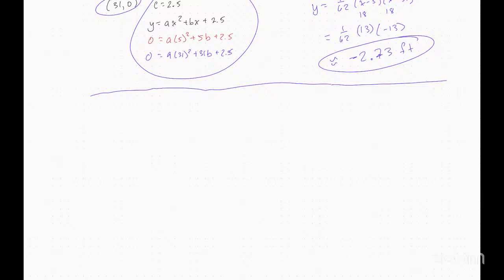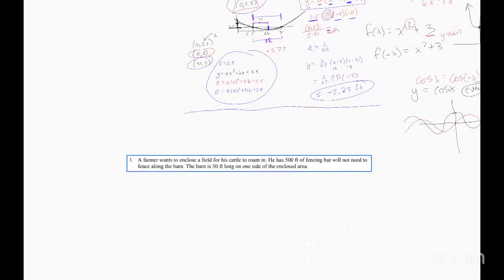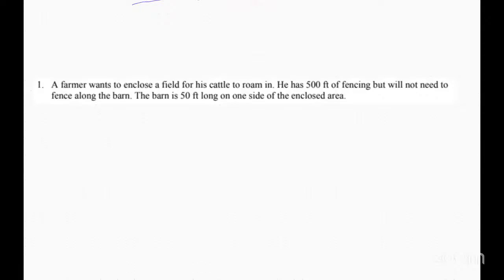My question was just the barn problem. While I was reviewing before I went to sleep, I remembered how he mentioned the barn question is definitely going to be on the final. So he wants to enclose a field. He has 500 feet of fencing, so that's the perimeter, right? But he does not need to fence along the barn.